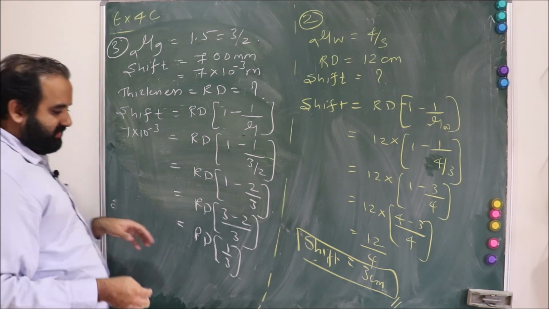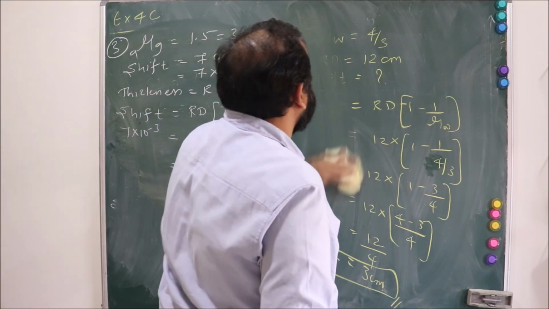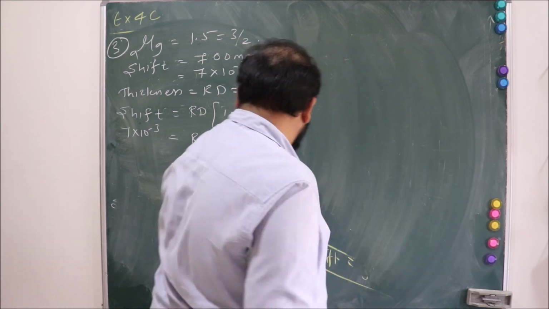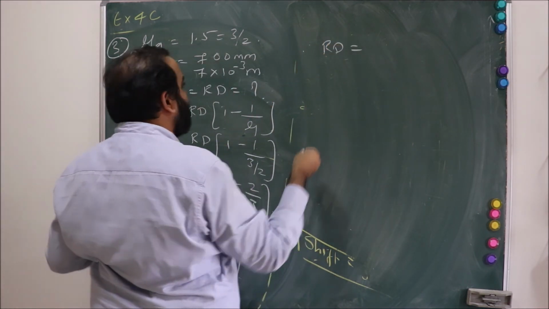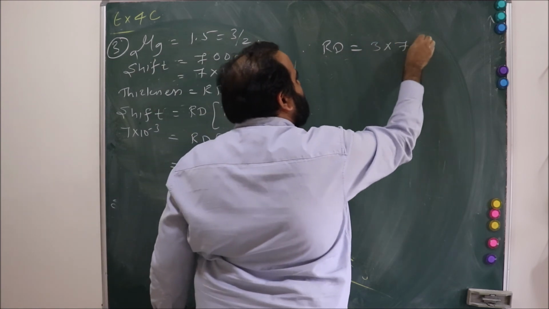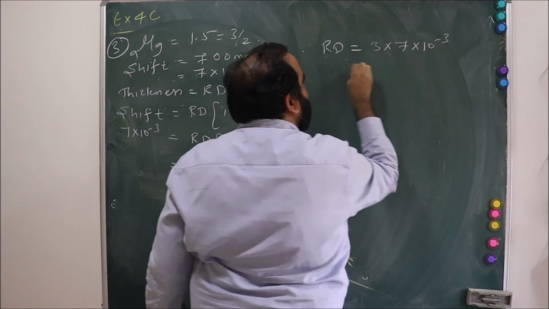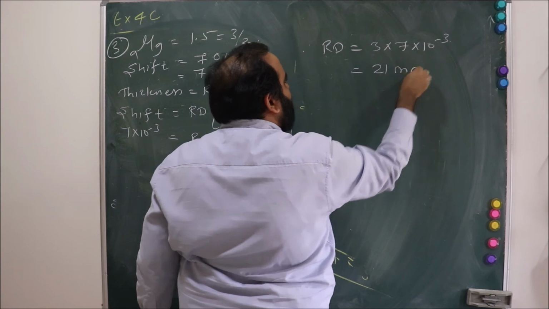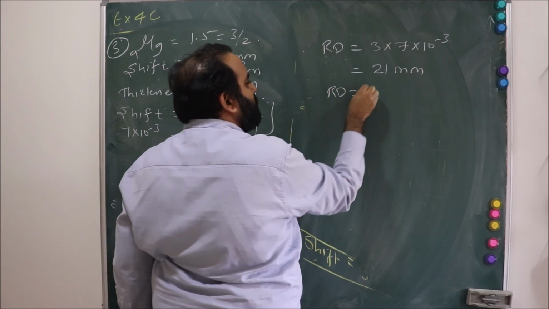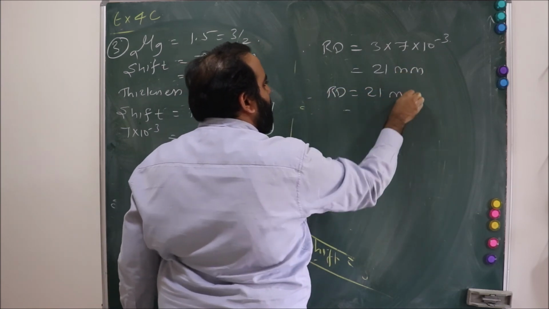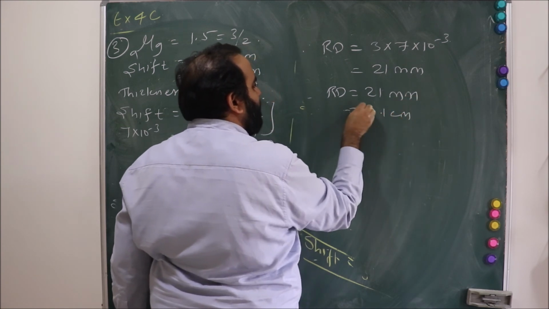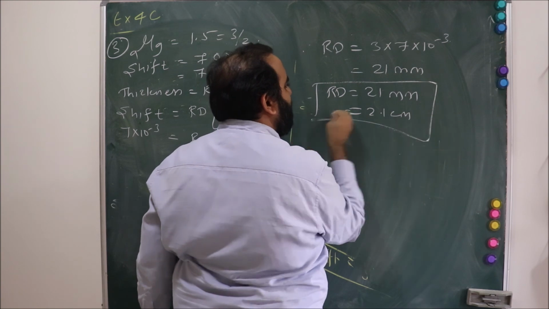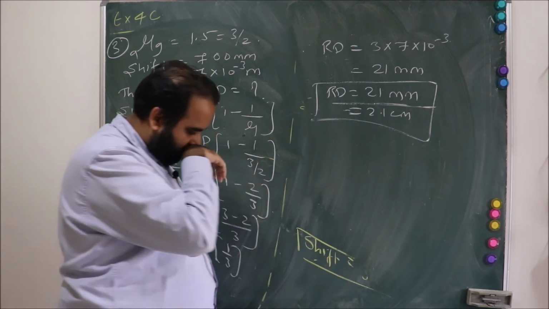So this goes to that side. Real depth is equal to 3 into 7 into 10 raised to minus 3. So 21 mm. So real depth is equal to 21 mm or 2.1 centimeter. You can keep it in whichever you want.